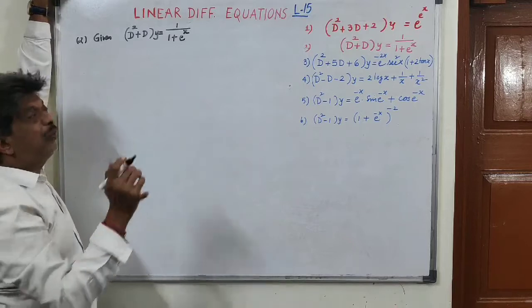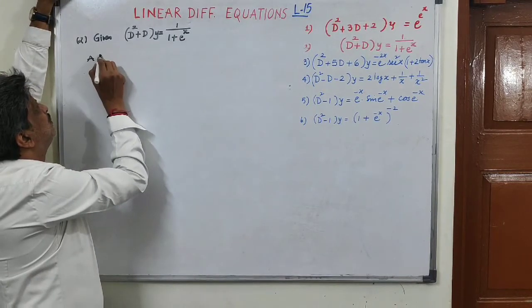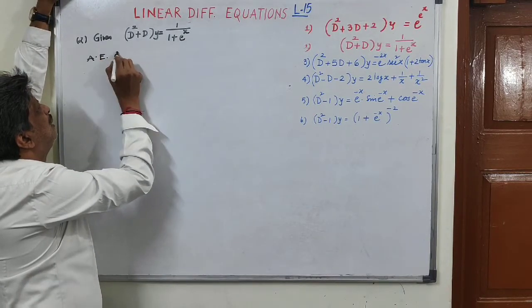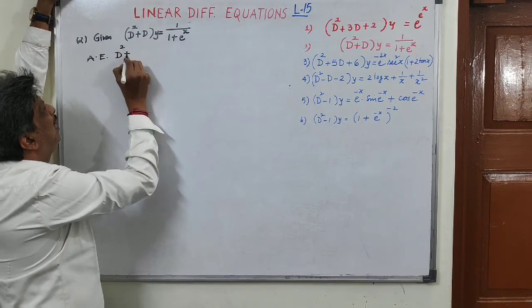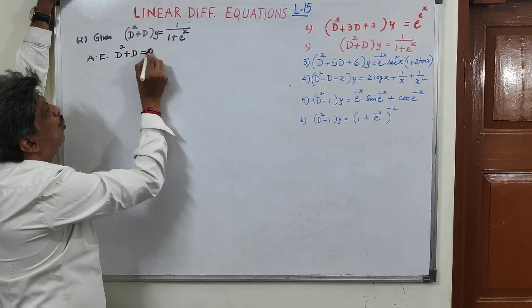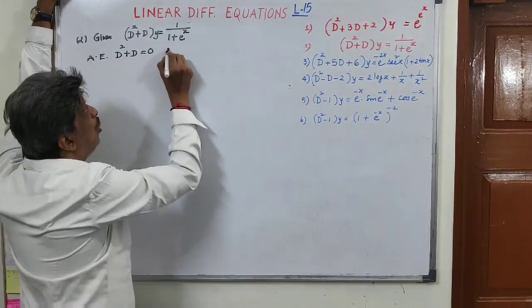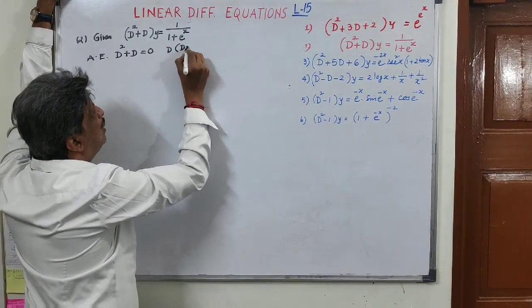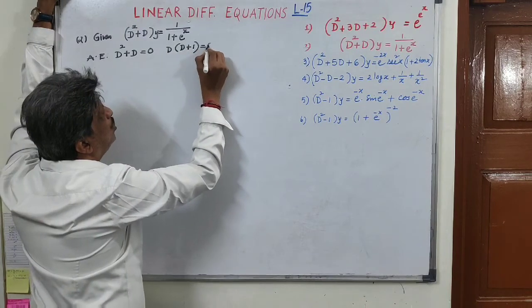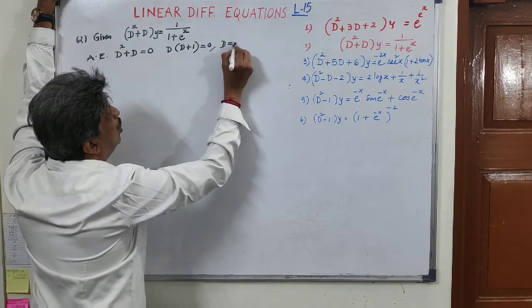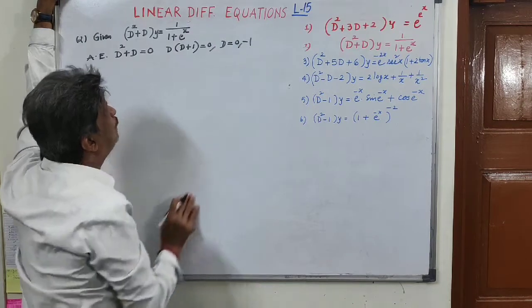What is our auxiliary equation? D square plus d equal to 0. What are the roots of this auxiliary equation? D seems to be common over here: d into d plus 1 equal to 0. So d equal to 0 and minus 1.